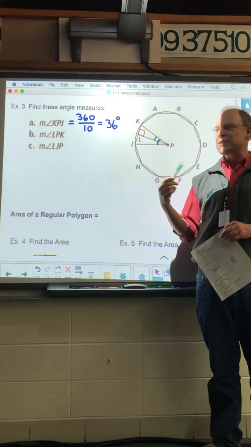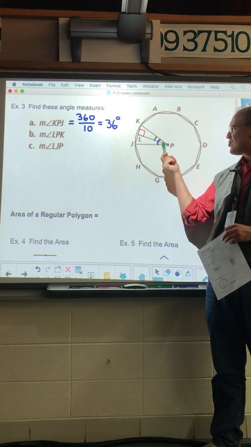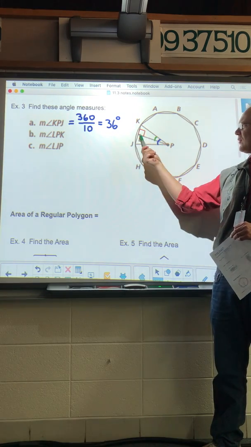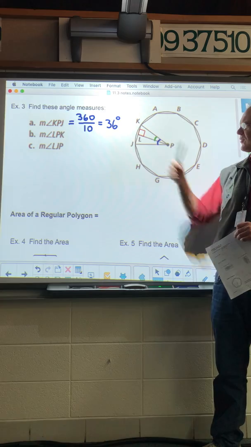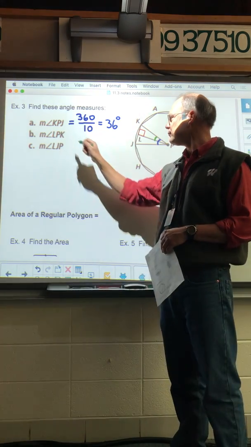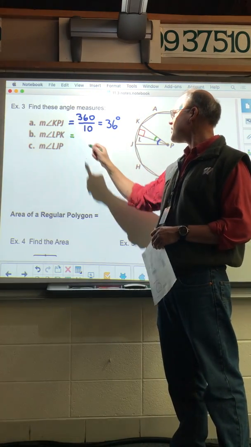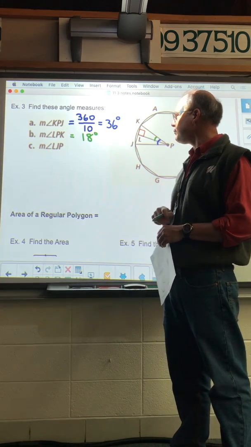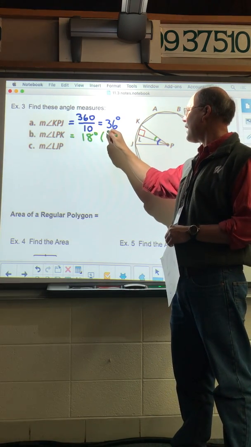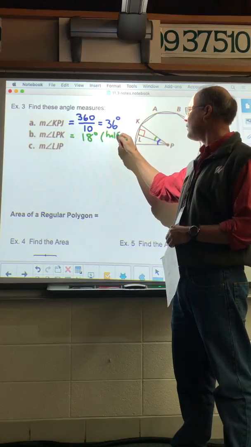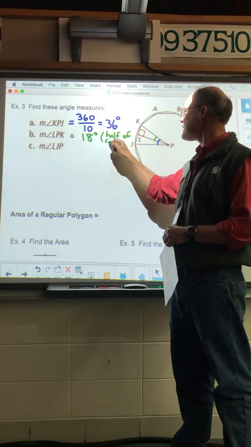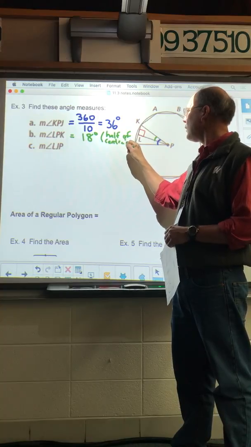So it makes sense that the apothem would cut our central angle in half. And it does. Okay, so take half of 36. 36 divided by 2, that would be 18. Half of the central angle.